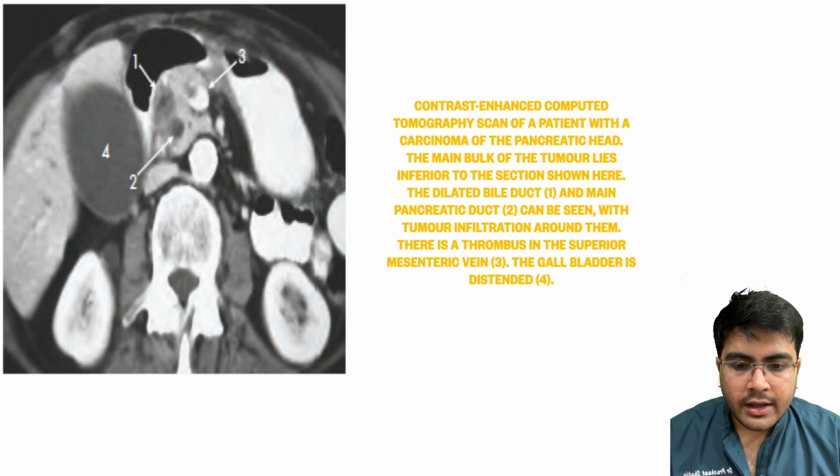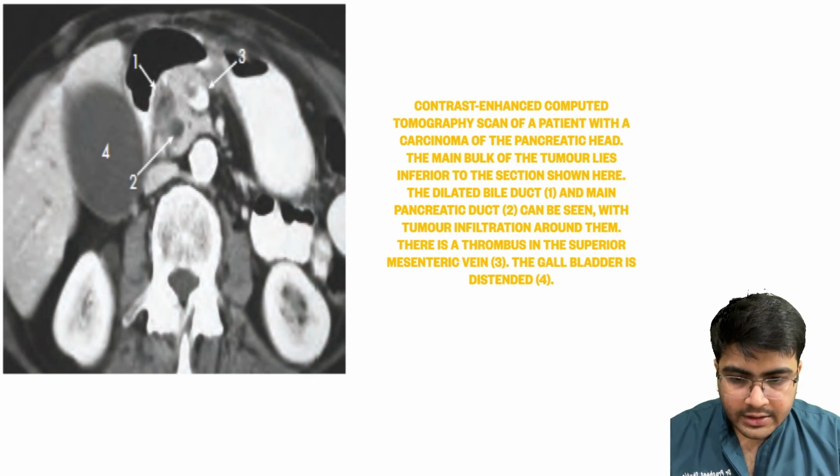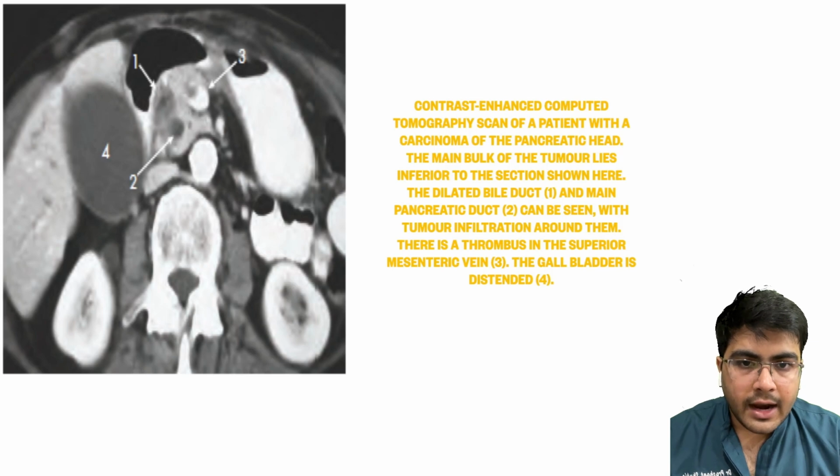resection or not. Okay, so the thing is that as we move down, then only we are able to see structures like splenic vein and all those things. Okay, so you need to understand from where this section has been taken. So in the previous image you were able to identify the cystic duct. So cystic duct is more cephalad than the gallbladder fundus.